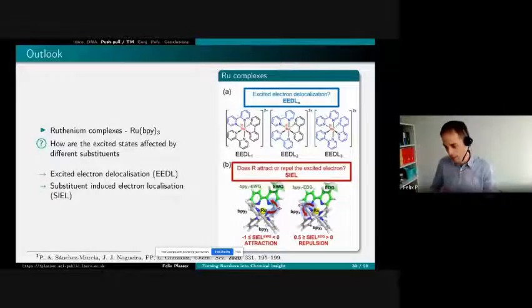So this is also a way to assess the difference of density functionals, and why a local density functional will give you completely wrong results for these systems. Does that answer your question?